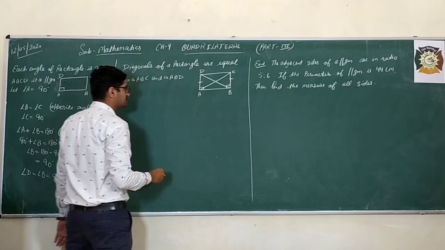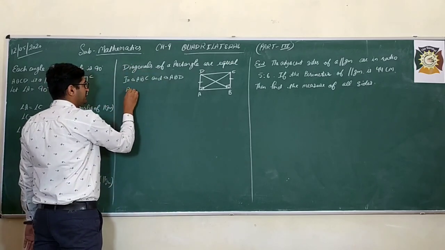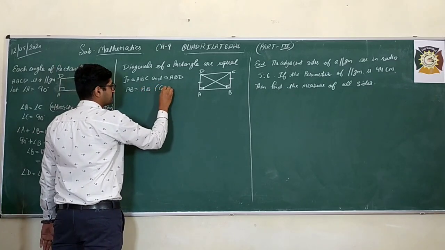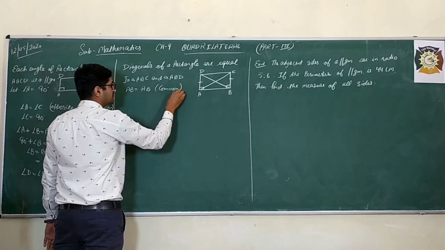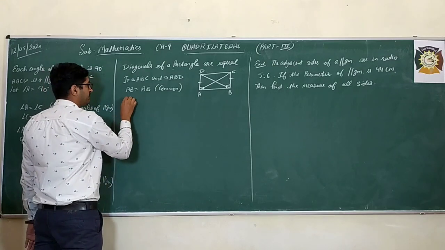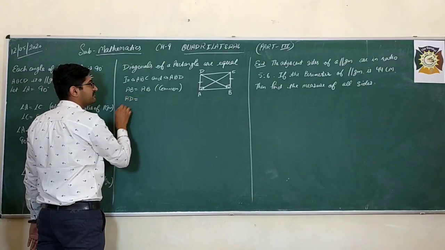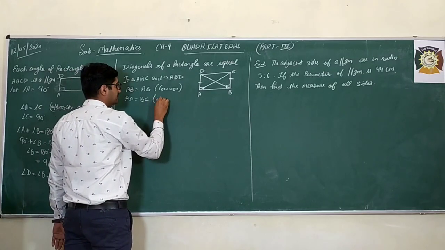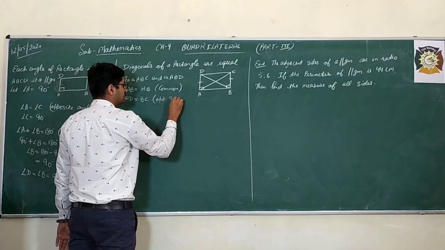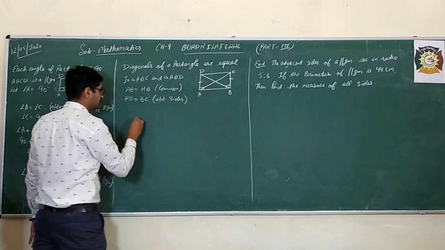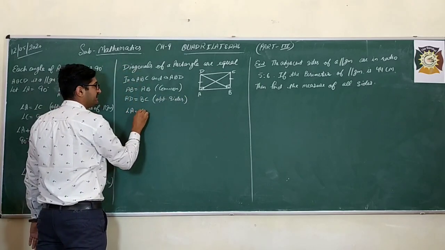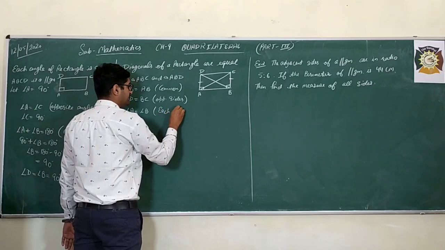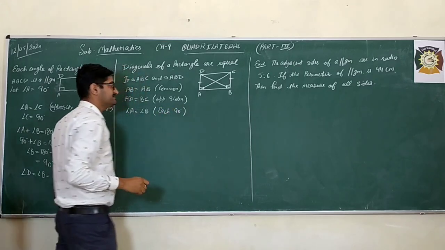In these two triangles, you can see that AB is equal to AB. This is common. AD is equal to BC. These are opposite sides, and angle A is equal to angle B. This is each 90 degree.